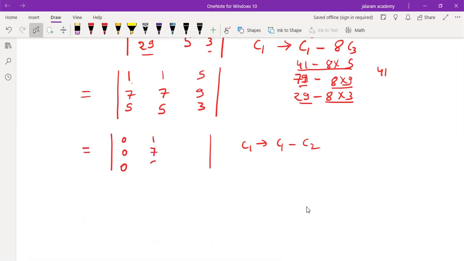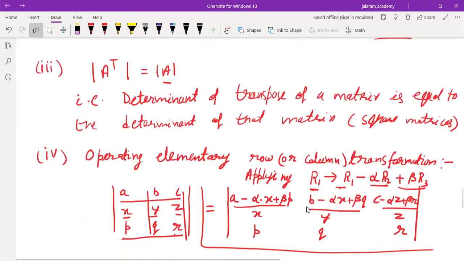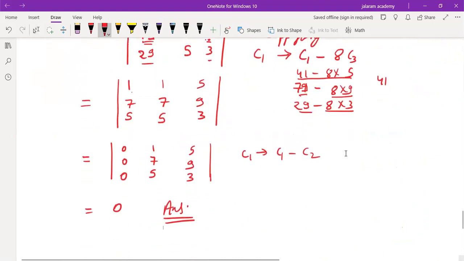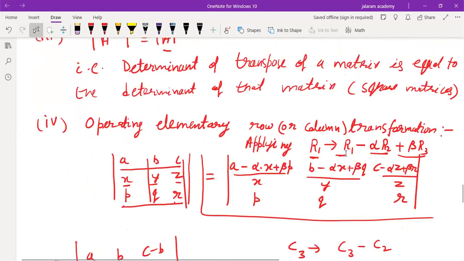Now, if you expand it along the first column, all the elements are 0. When they are multiplied to their cofactors, they will give 0 again, and sum of 3 zeros will be 0. So answer will be 0. Hope you all must have understood this property of elementary row or column transformation.